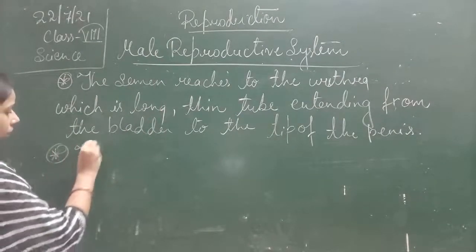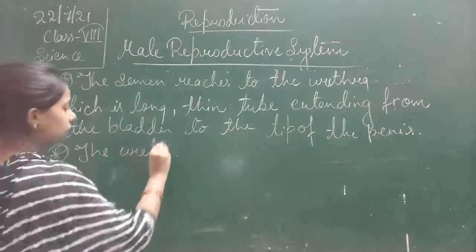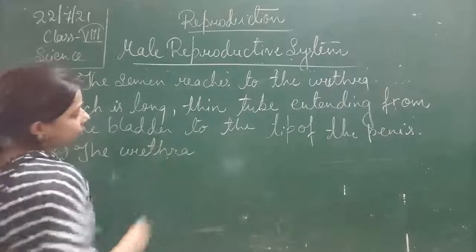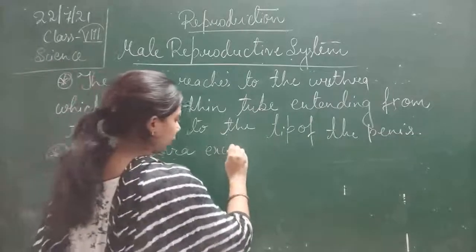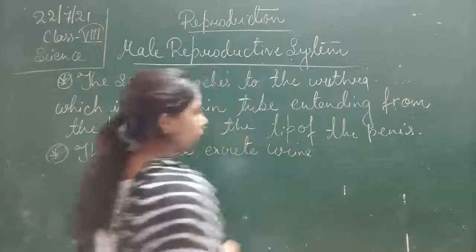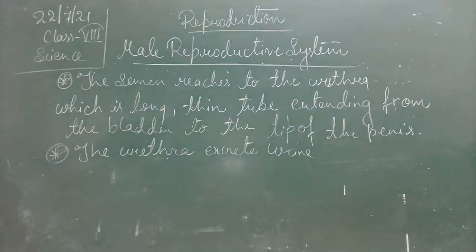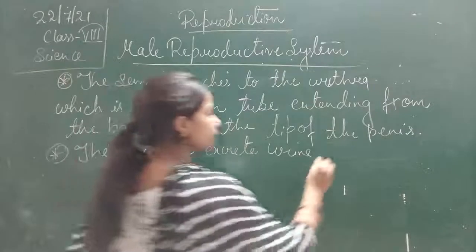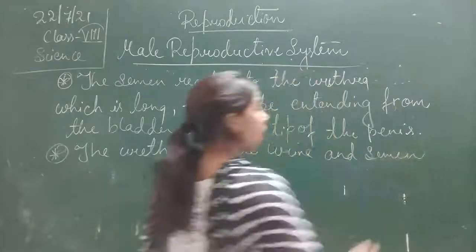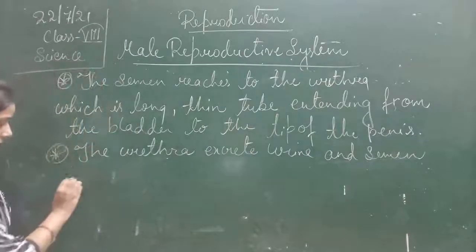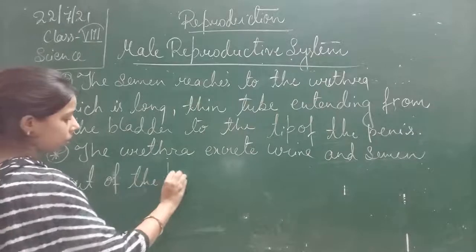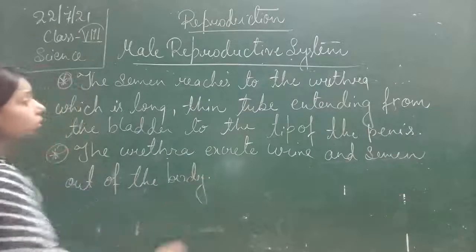So the urethra excretes urine and semen out of the body.